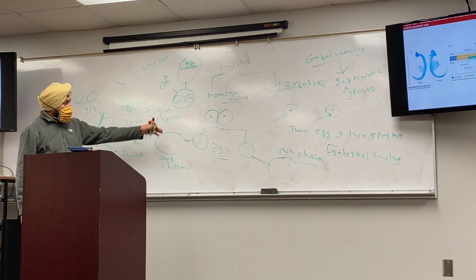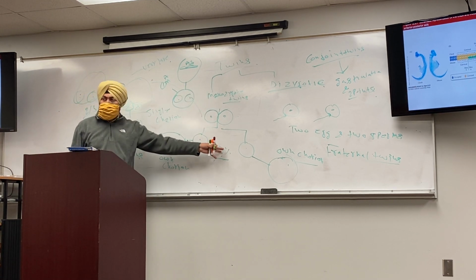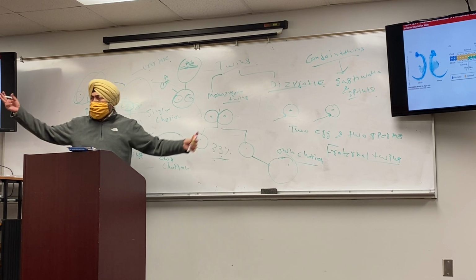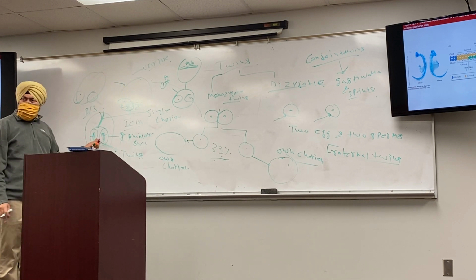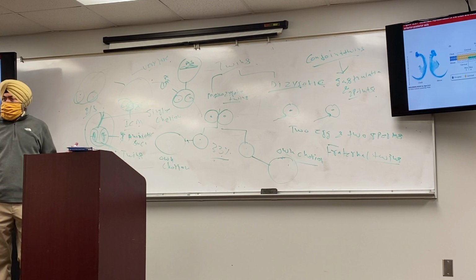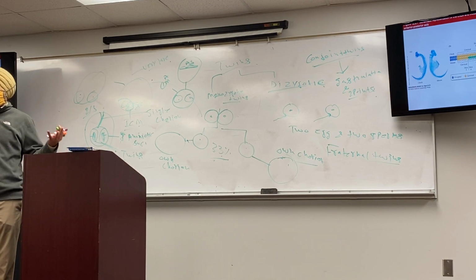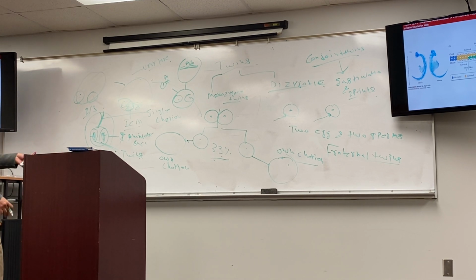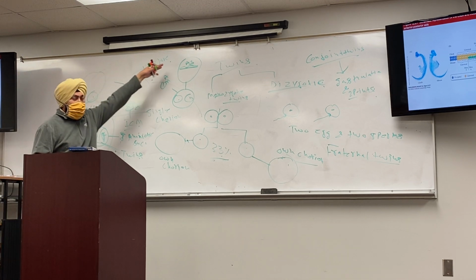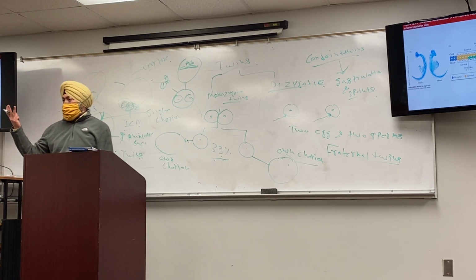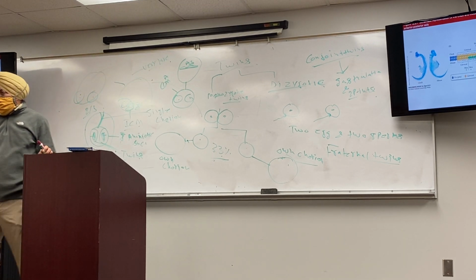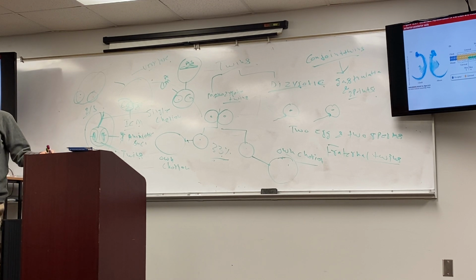So, separate pretty early, two separate chorions. Separate a little late, you can have the same chorion, but two amniotic sacs. And if they separate too late, you have the two individuals, but one amniotic sac, one chorion. Making sense?